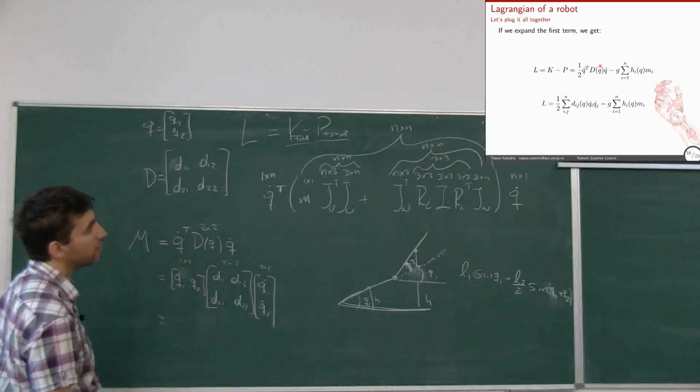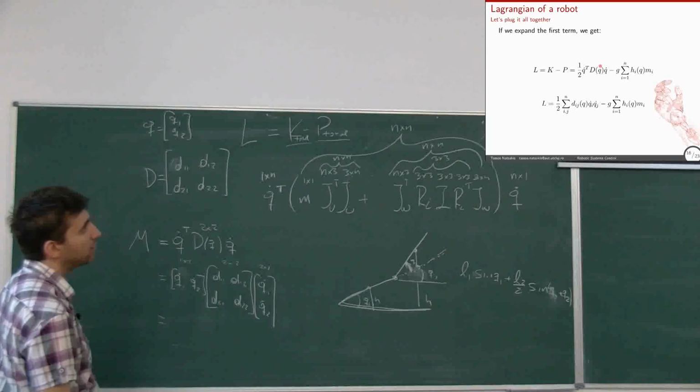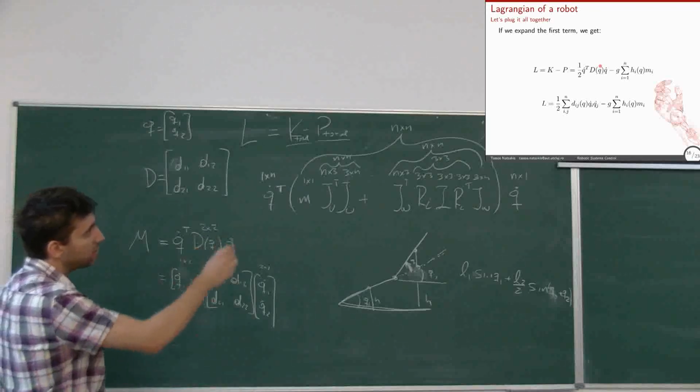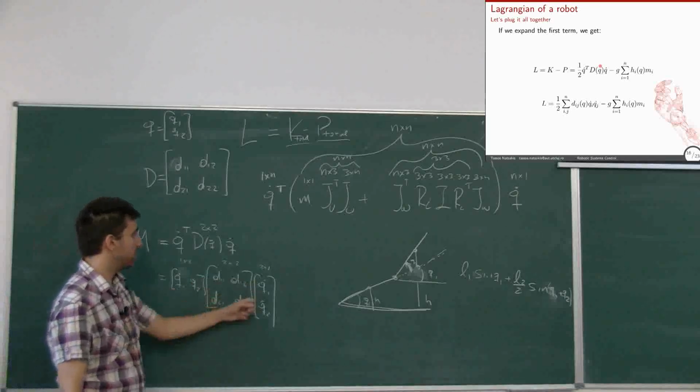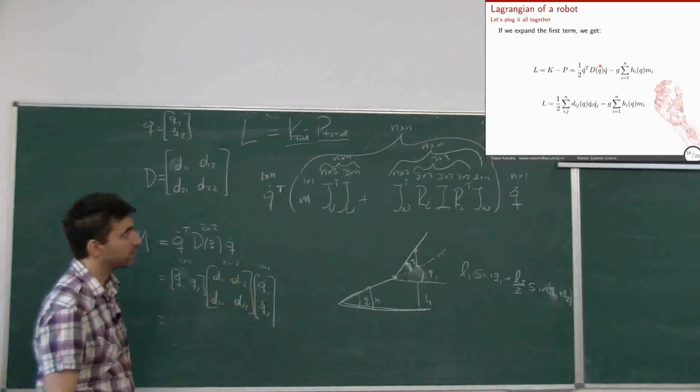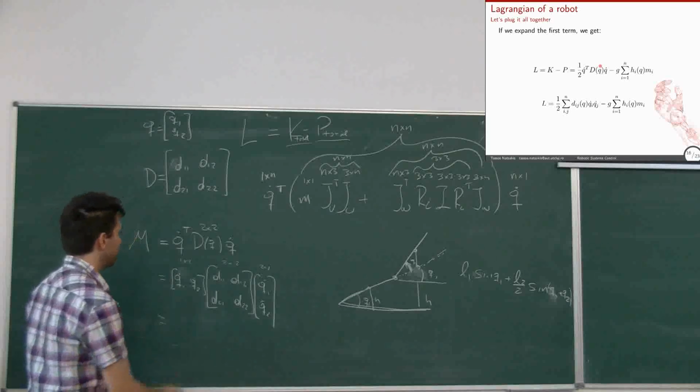But yeah, it's basically this sum, right? Where i and j are the columns and the rows of these things. So let's take just one term.